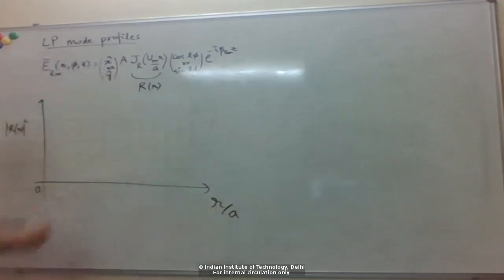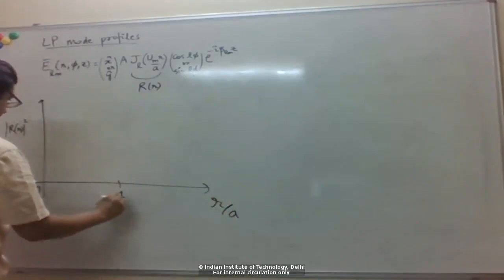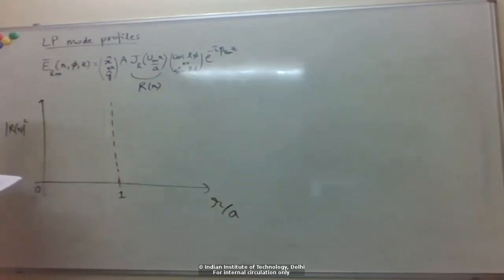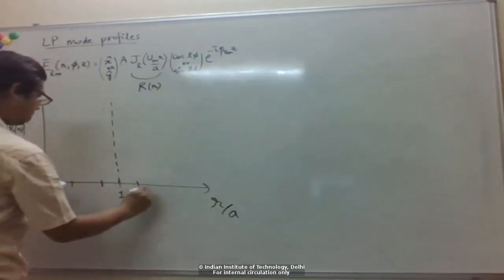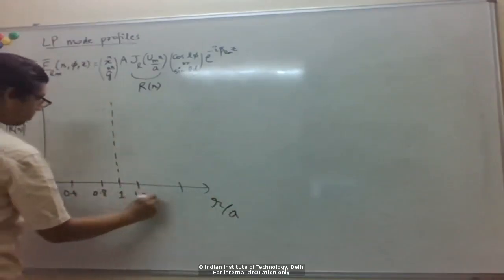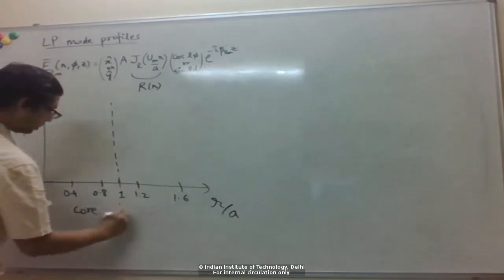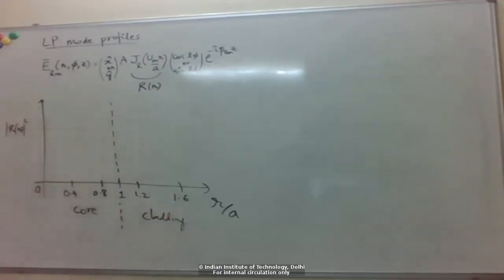So one will be the core-cladding interface, somewhere here. So this is core, and this is cladding.